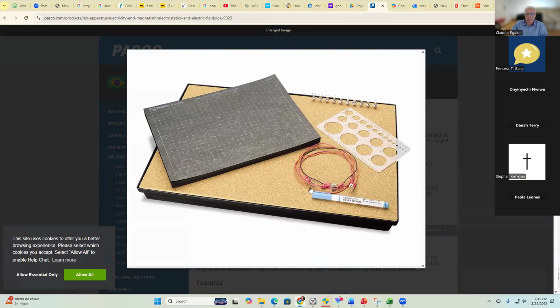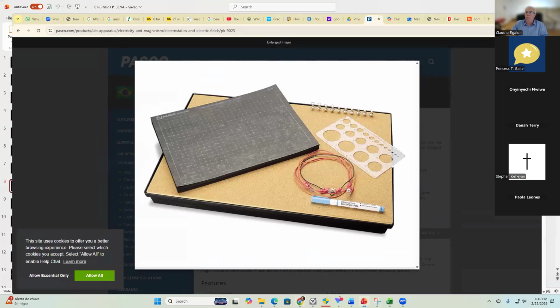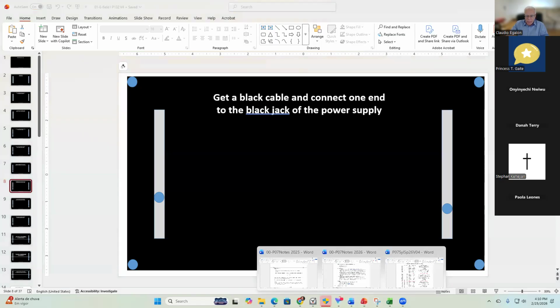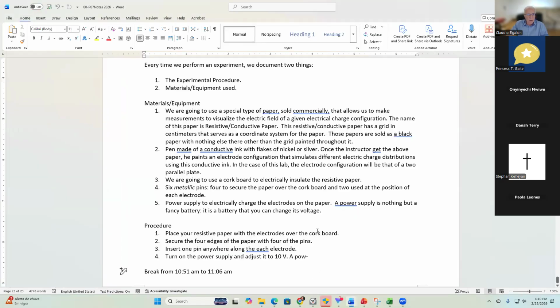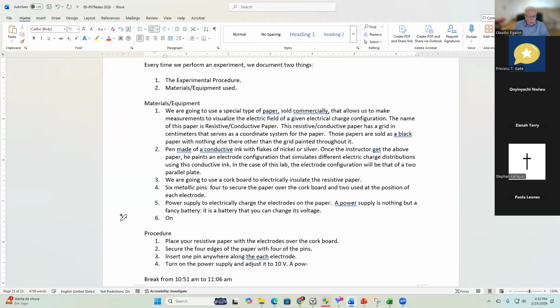Okay, we're going to use that as well. So let's put that in the list of materials. One black cable and one red cable. Okay.